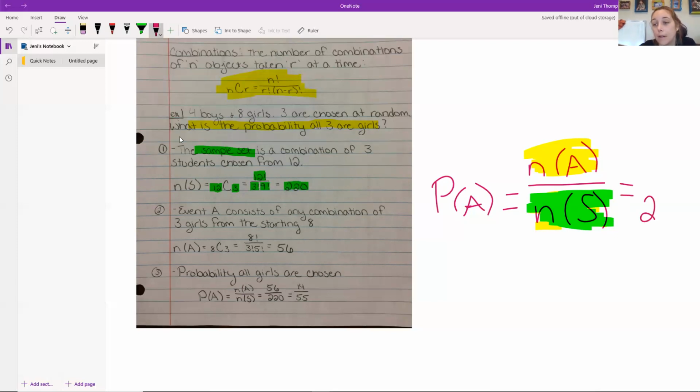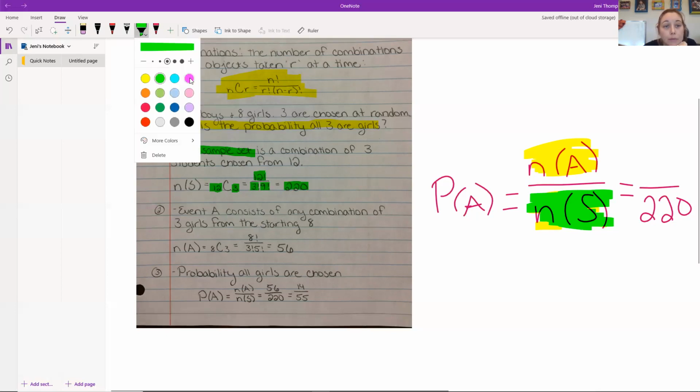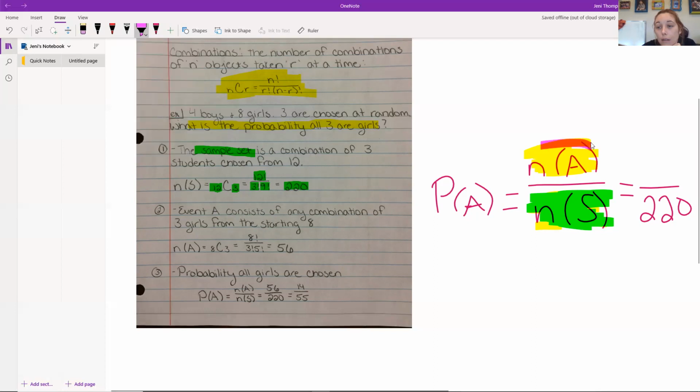We found our bottom number, 220. Now we need to figure out the top, all of the possibilities of this event happening. Event A consists of any combination of any 3 girls from our starting 8.